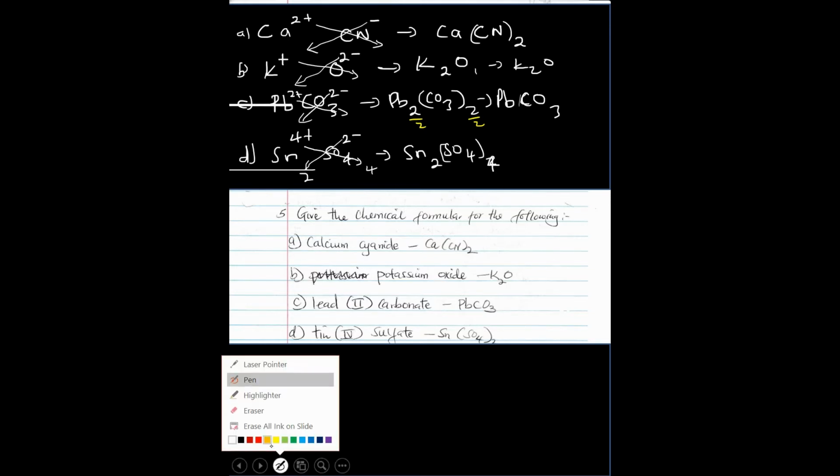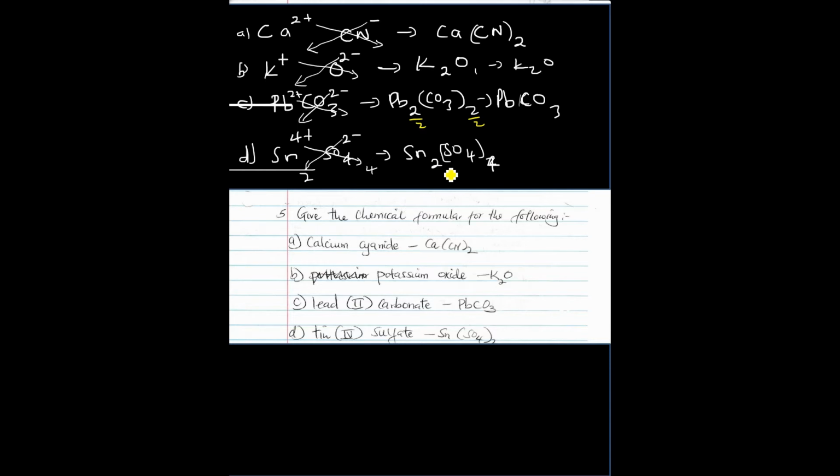Okay, so you drop the 2, you drop the 4. So you end up with tin 2 polyatomic anion with a 4 on there, like we did before. Like we did before, we have to find the whole number ratio of the subscript.